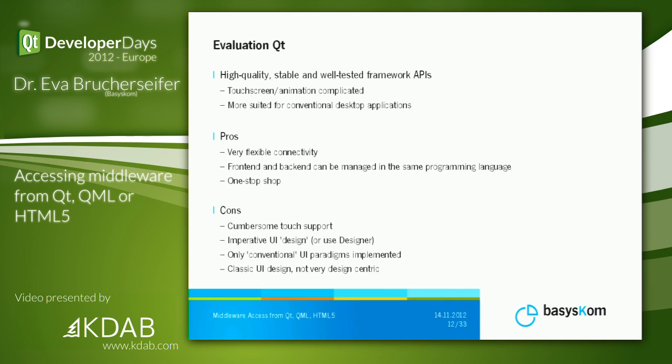On the pro side, you have what we call a one-stop shop. It's all C++, and you can just use one language. You can link dynamically against your library and your framework, and you get the methods.